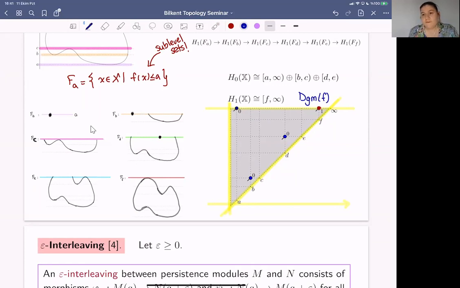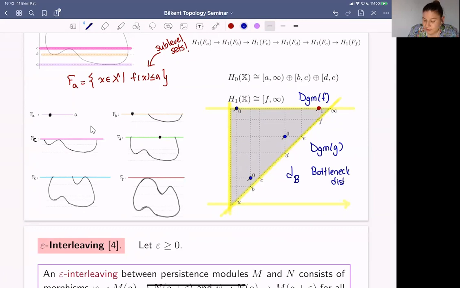And if we have another function G and another diagram, the diagram of G, then we can also compute the distance between these two diagrams. We measure the optimal transport, the cost of the transportation plan, because we have a bunch of points and we consider the distance between them. We call it the bottleneck distance.